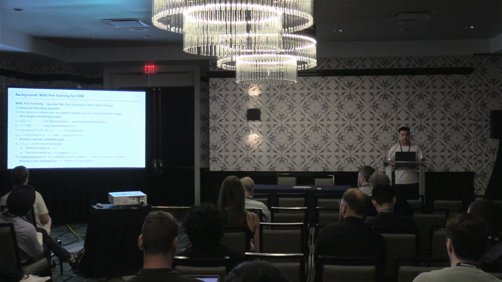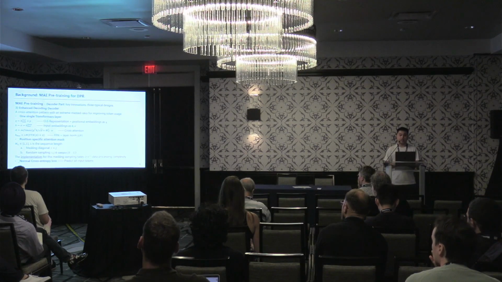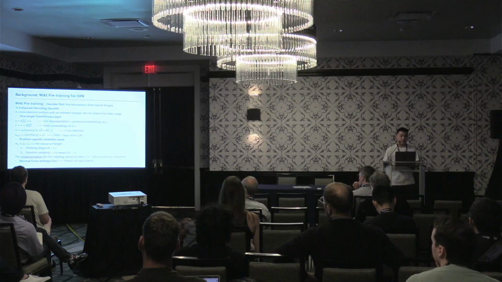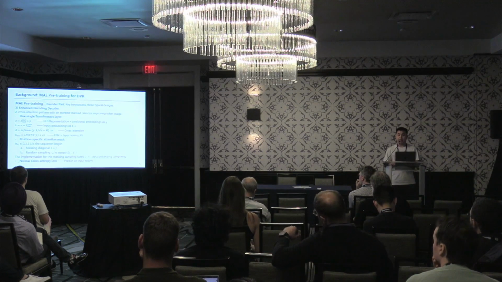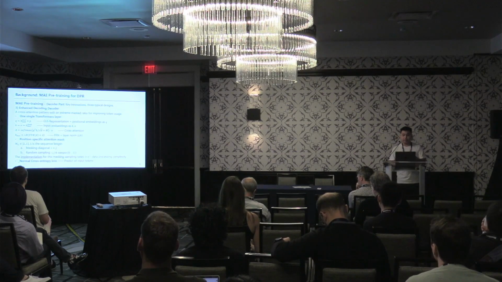As for the model, it's just a single transformer layer. It has Q, K, and V, query, key, and values, as the key components. As for the query part, it is composed of the CLS representation plus the position embedding of each position, and this sum acts as the query.